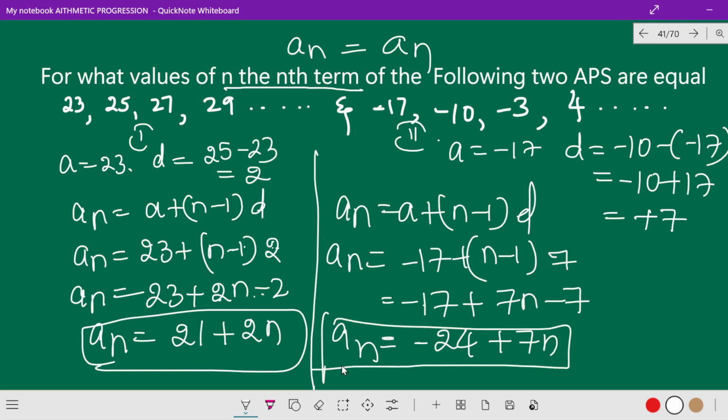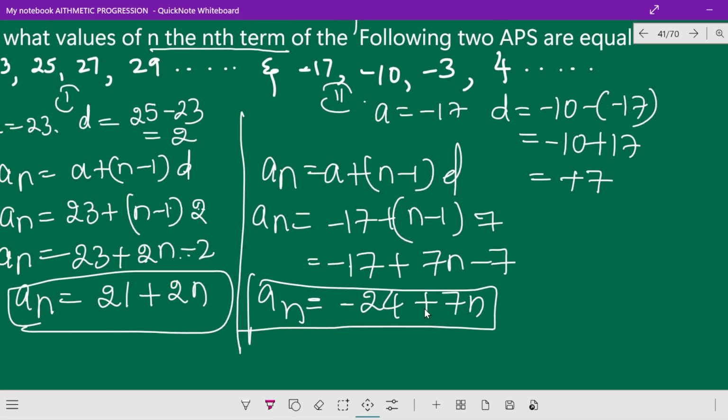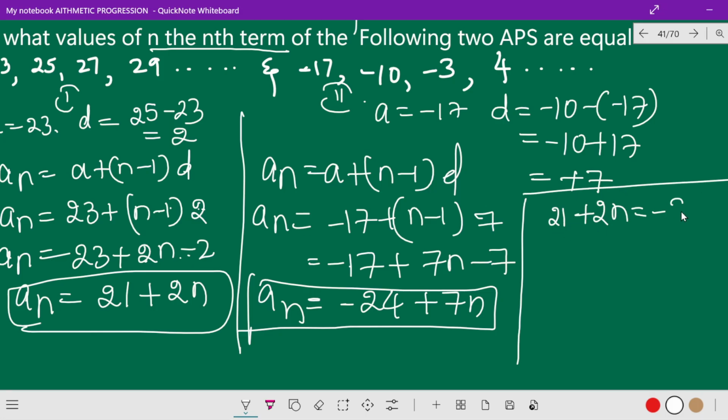So in the question he is telling that both the ANs are equal. So what we are going to do is equate both the ANs. 21 plus 2n is equal to minus 24 plus 7n.